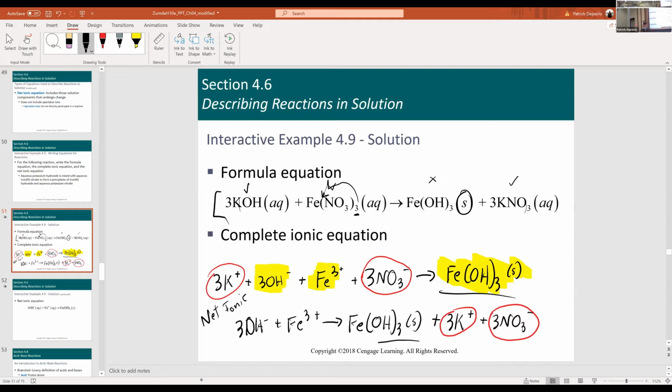So this would be the net ionic equation. Kind of sloppy. Okay, any questions on that? Pretty good? Good.